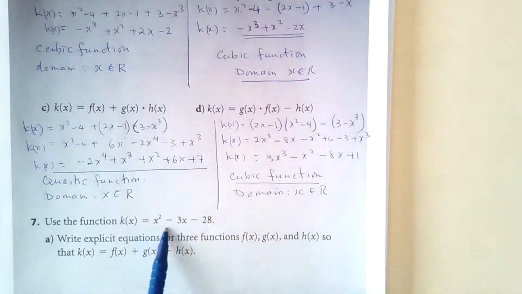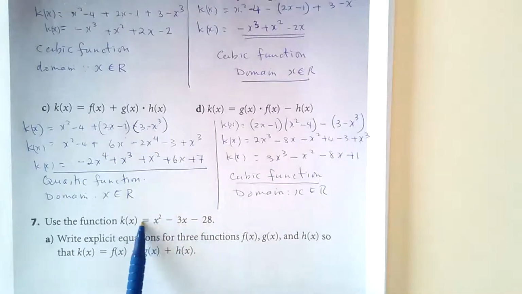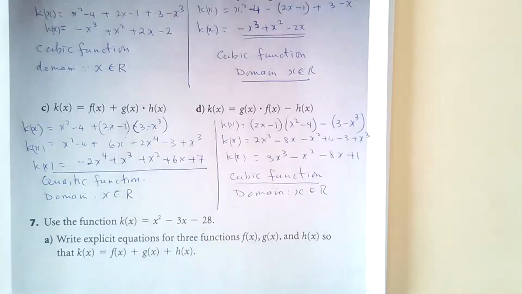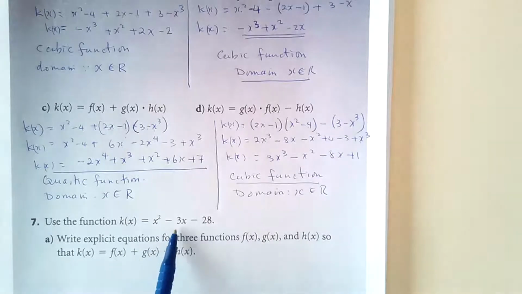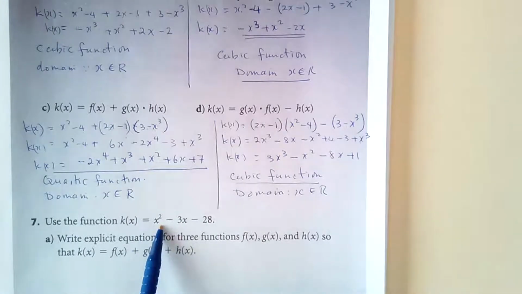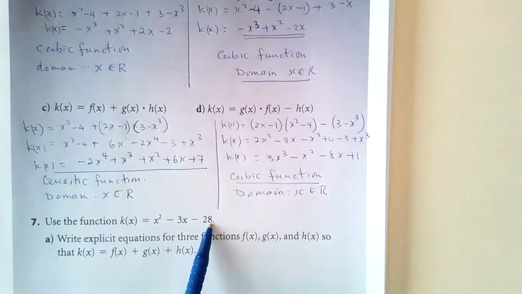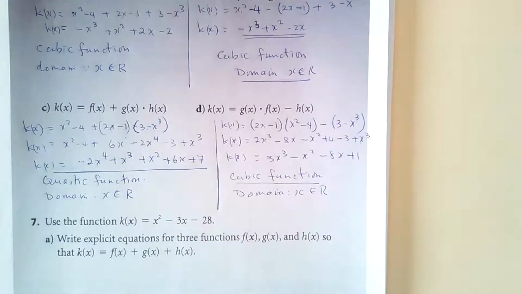So we'll change this function in its form, but maintaining the function as it is. We can make this f of x, we can make that g of x and h of x. Make those three separate functions. So it's really a composite of sums.